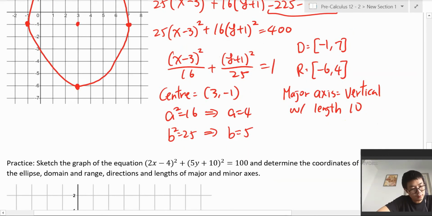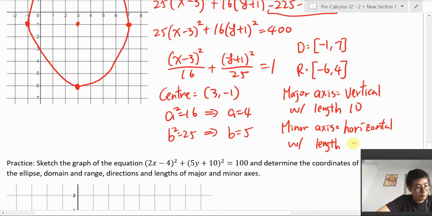Minor axis, well, if major axis is vertical, then I guess minor axis will be horizontal, with length, again, 2 times, in this case, a, which is going to be 8.